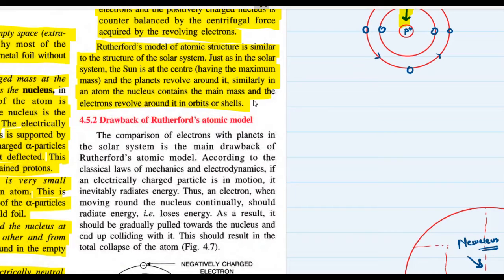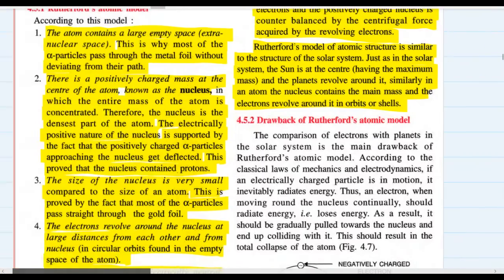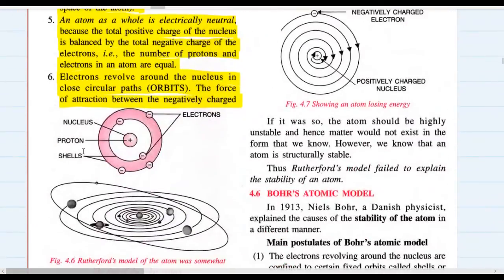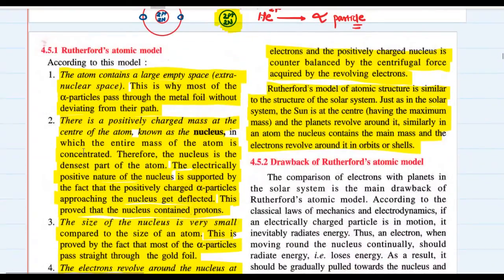So he compared the model of atomic structure to the solar system, where there is a sun in the solar system, in an atom there is a nucleus. Where there are planets in the solar system, in an atom there are electrons which revolve around the nucleus. So that was a simple explanation, or you can say observations or suggestions made by Rutherford.